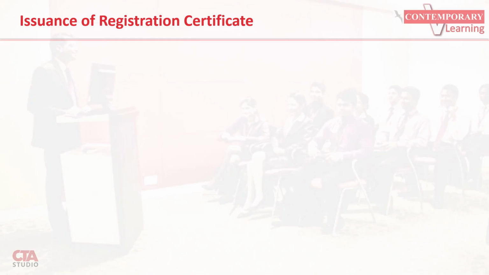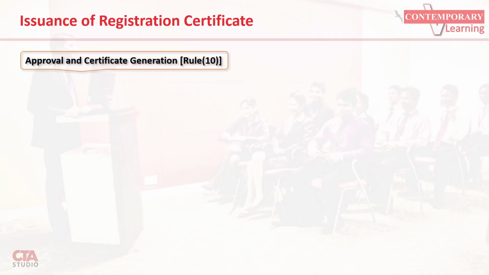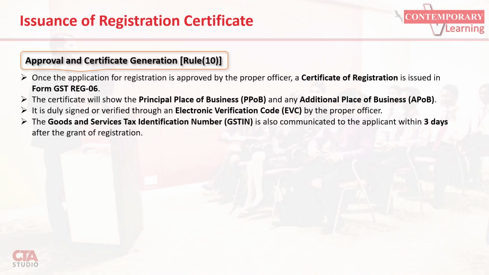Approval and certificate generation under Rule 10. Once the application for registration is approved by the proper officer, a certificate of registration is issued in Form GST REG-06. The certificate will show the principal place of business, PPOB, and any additional place of business, APOB.